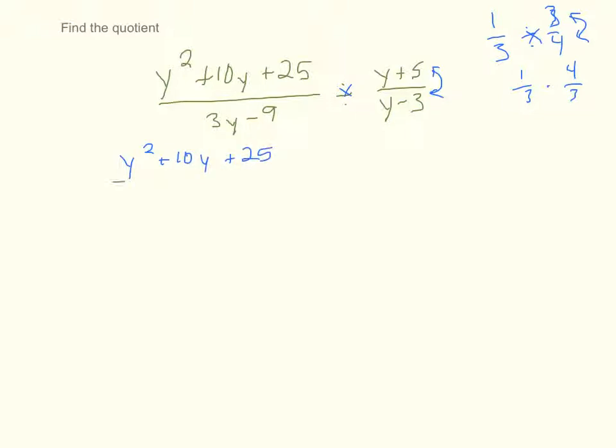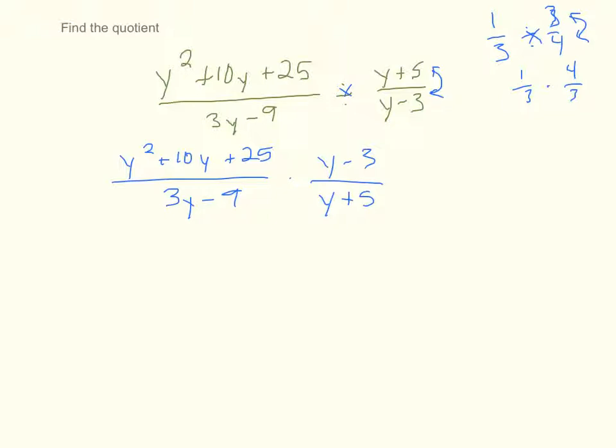You could save yourself a step and break some of this apart right away, but for the sake of a tutorial video, I'm going to show you it step by step. So we end up with that. As you notice, all that happened is my division changed to a multiply, and my second fraction flipped over.